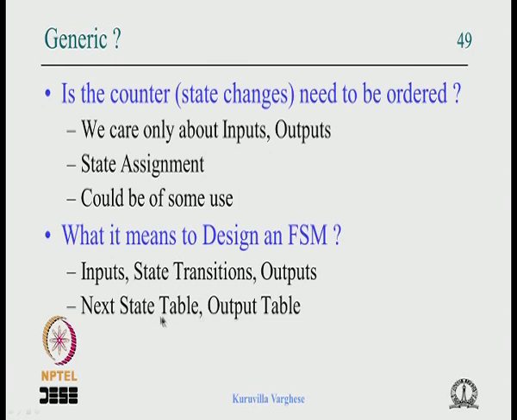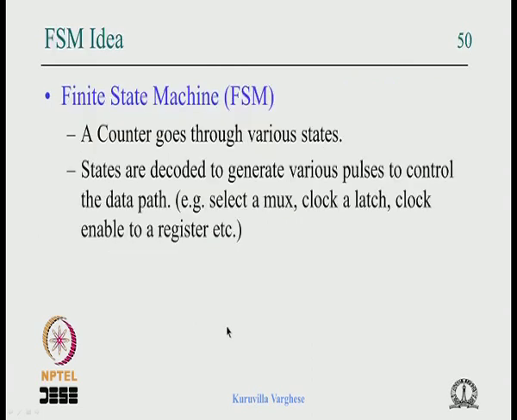So we start with the specification in terms of description and waveforms, then we work that out into inputs, state transitions and outputs, and ultimately we work out the next state table and the output table. Then the structure is known and we can design the controller. So basically that is what the finite state machine or a controller is.